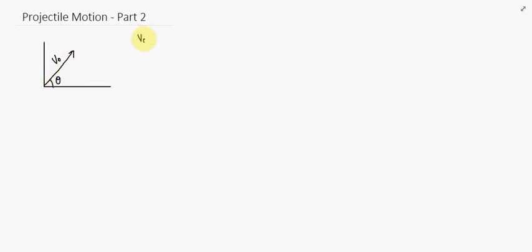In this case we are given what the initial velocity is. It is 20 meters per second, and we are given the release angle, which is 50 degrees to the horizontal. So we are asked to find the range, in other words how far this projectile will ultimately reach.